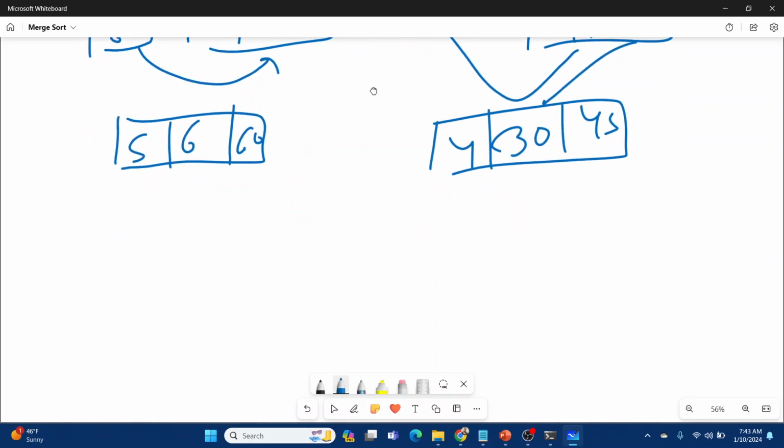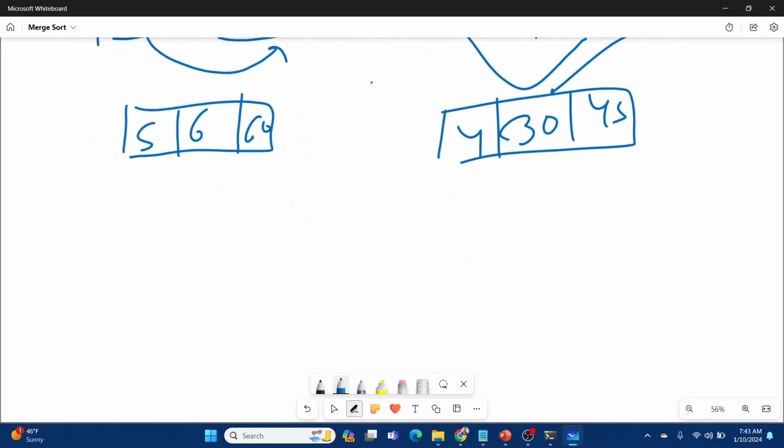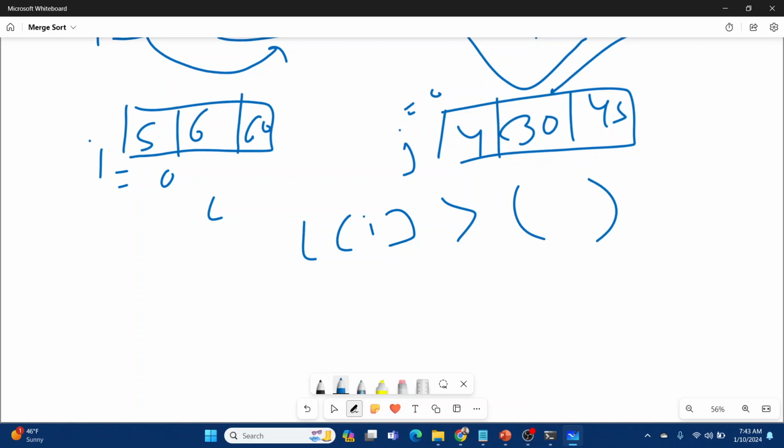Right, so now keep it i, keep it j, and they both start with 0, and they have the ending. So we will check: in the left array, i is greater than or equal to, or less than, whatever you want to put, that's not the main logic.